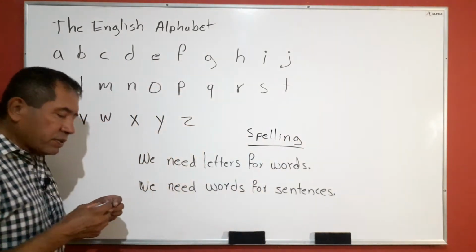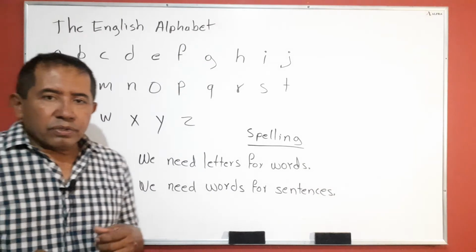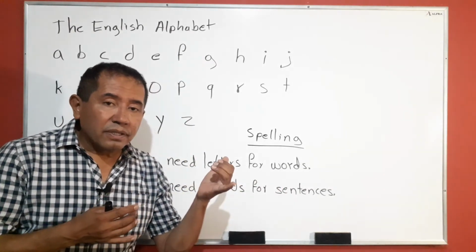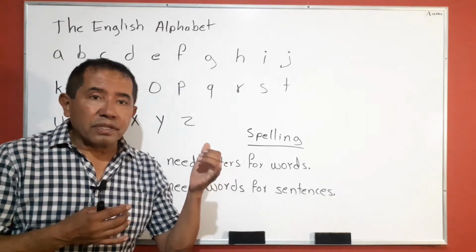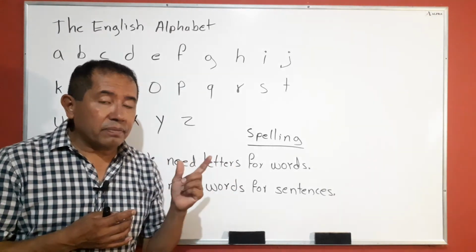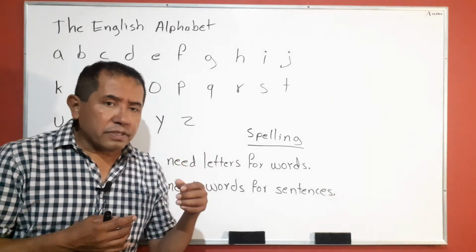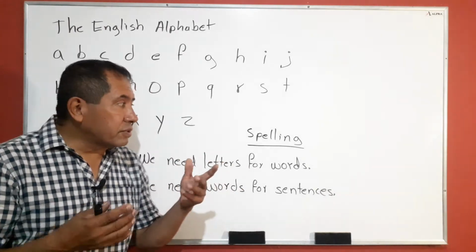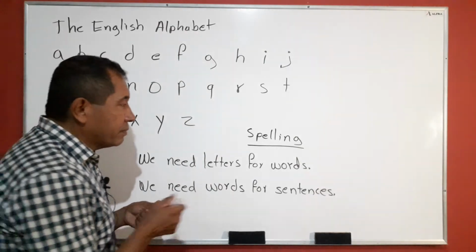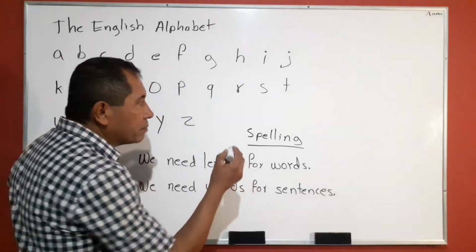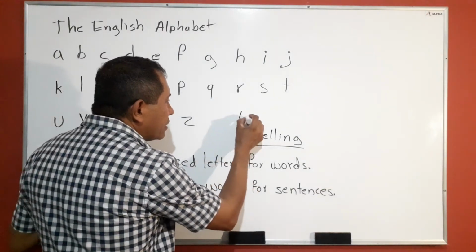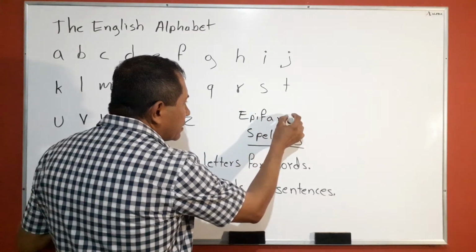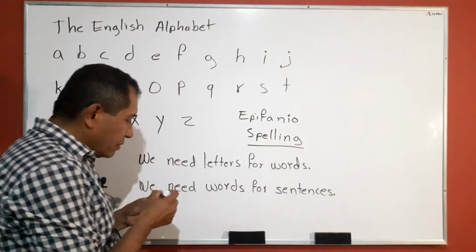Spelling is very important when you say your name to somebody on the phone and the person doesn't understand your name very well. They say, could you please spell it? And you have to spell it. For example, my name is Epifanio.